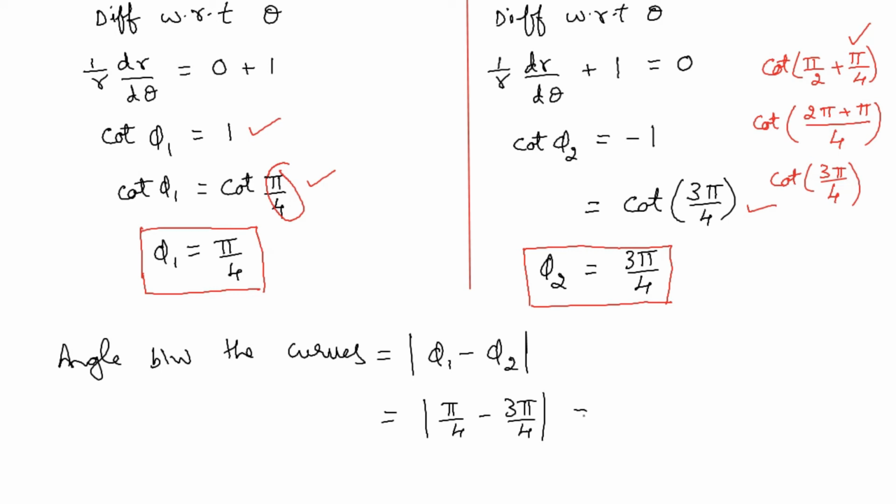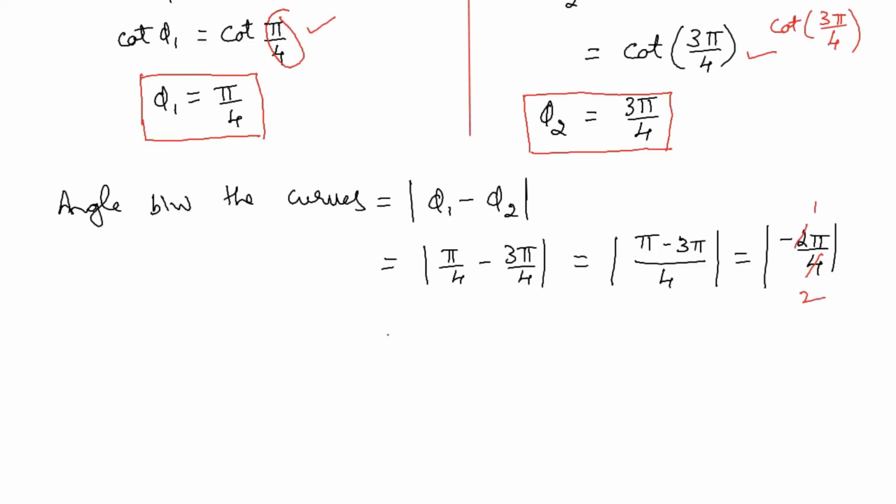If you take the LCM and simplify, you get pi minus 3 pi, which is the modulus of minus 2 pi by 4. If you cancel out, 2 one times, 2 two times, you have the modulus of minus pi by 2. Because the negative is under the modulus, it becomes the positive value pi by 2.